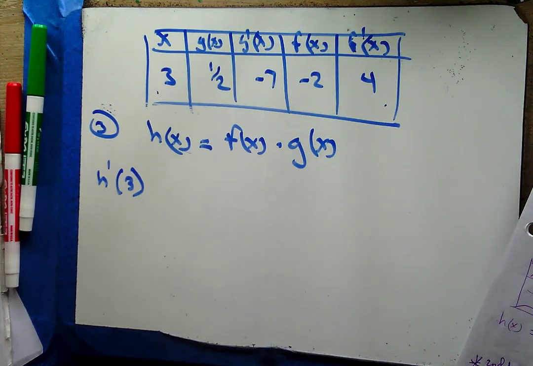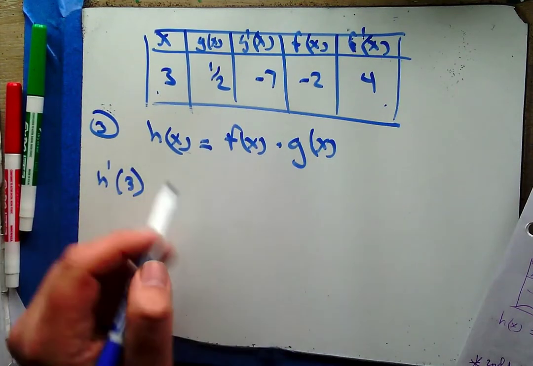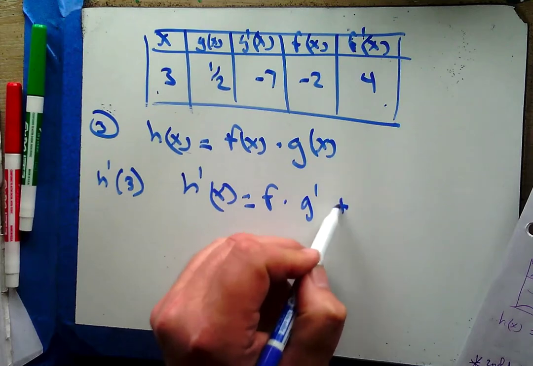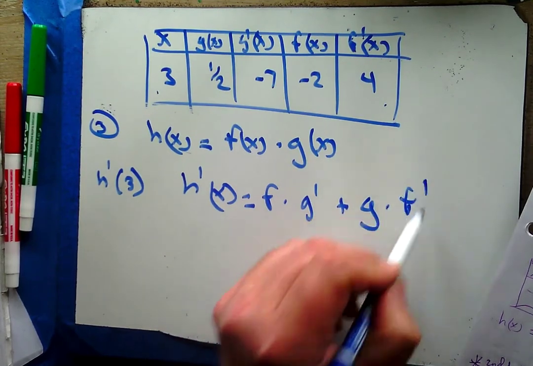Okay, so this is product rule. h prime of x is going to be f times g prime plus g times f prime.